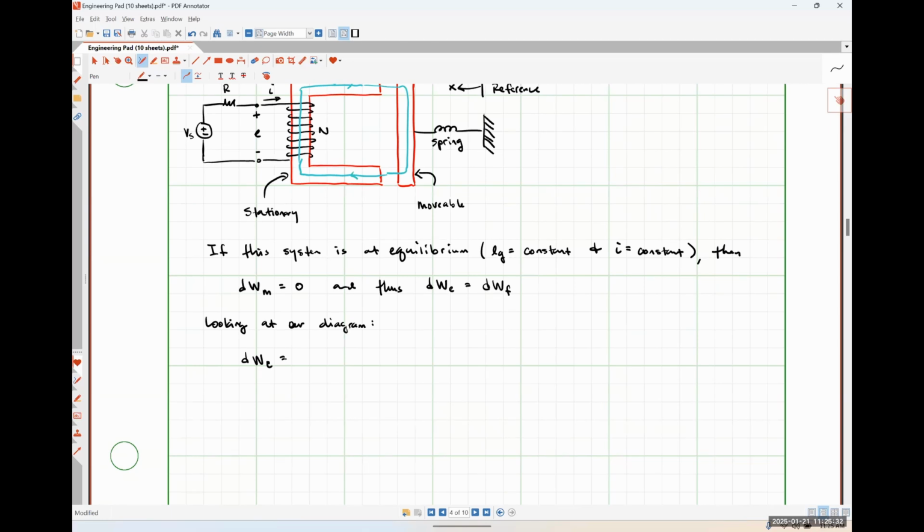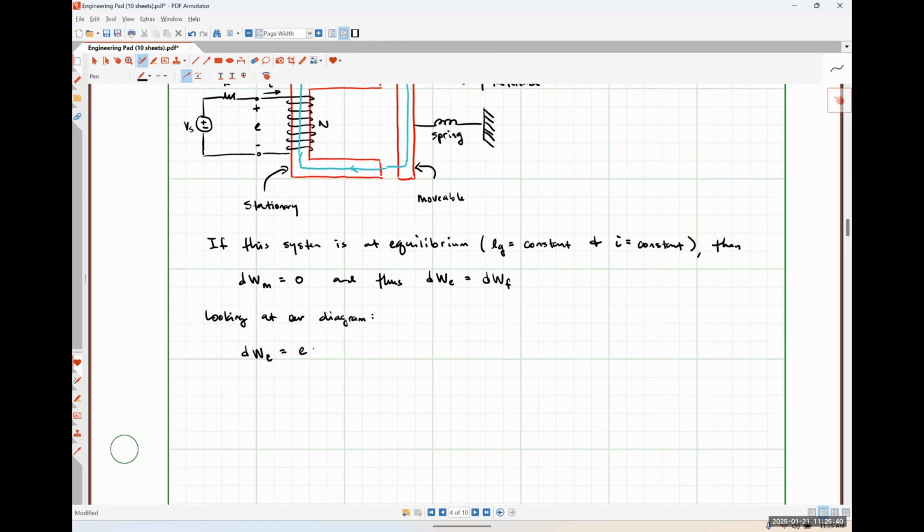So if I wanted differential electrical energy and my voltage and current are constant, I would have E, my voltage across my coil, I, the current flowing through the coil, and because we're dealing with things differentially over a very small time interval, my T is just that small change in time dt.